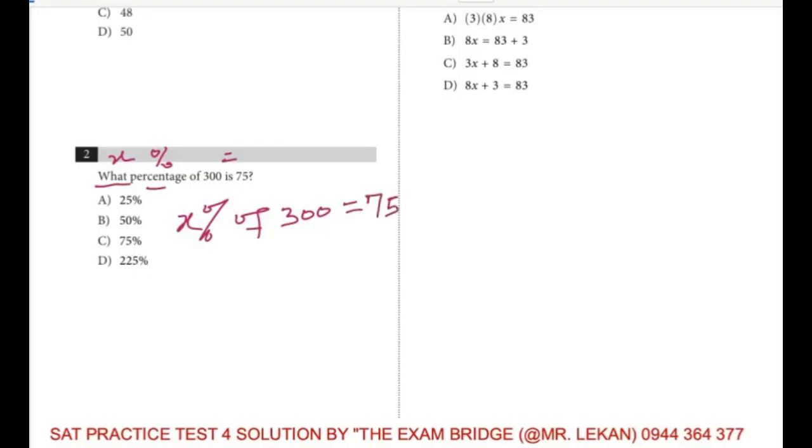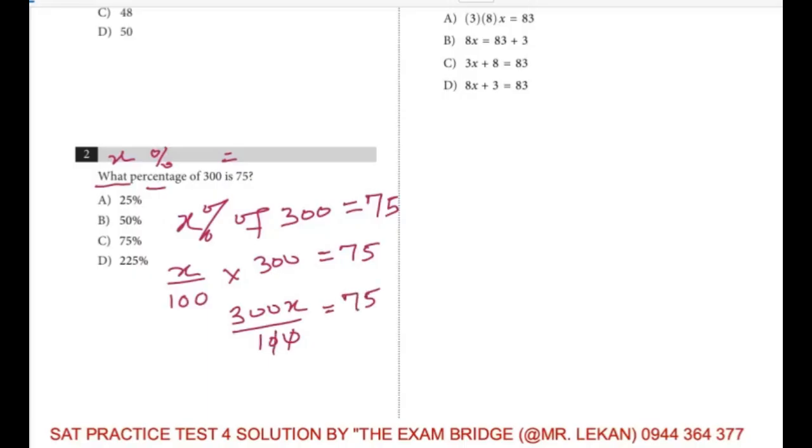So this means X over 100 multiplied by 300 is equal to 75. Let's do it step by step. This can be equal to 300x, that is 300 multiplied by x, over 100 is equal to 75.